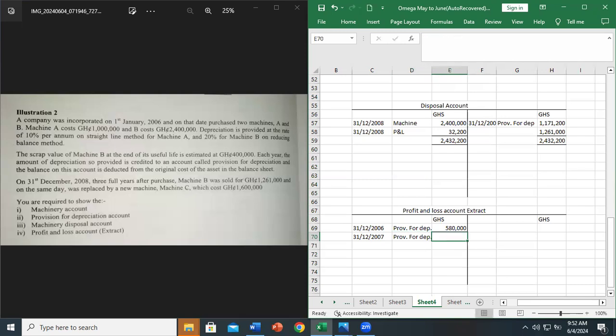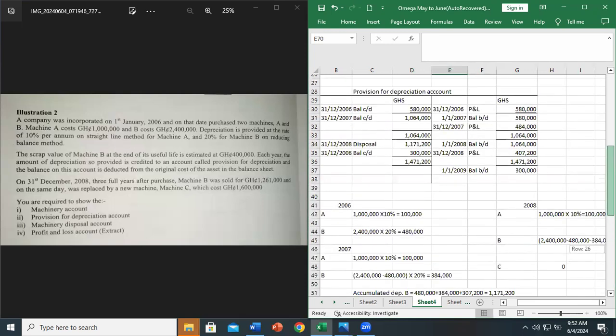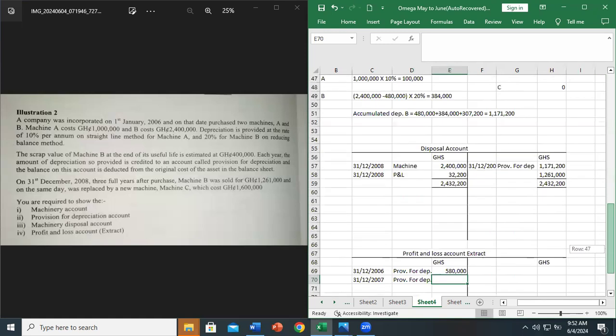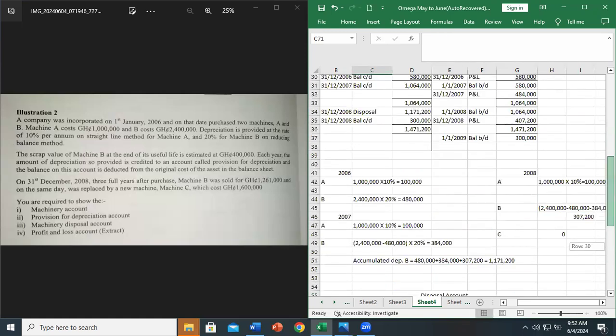You put in the figure there, right? 484,000. That's all. Then you go to the next year, pass the corresponding entry, right?